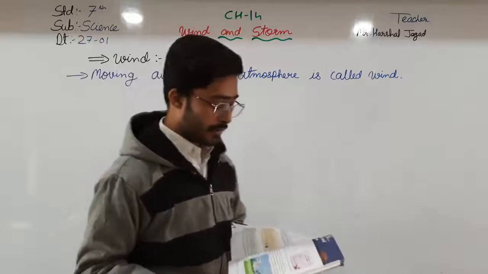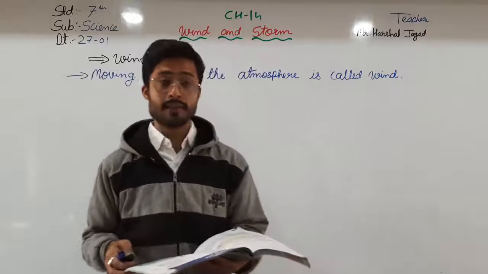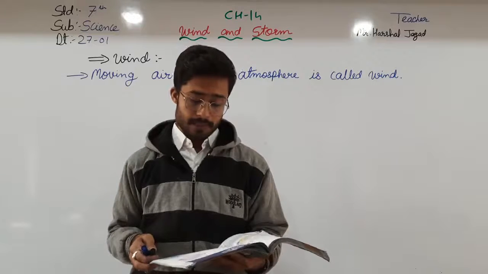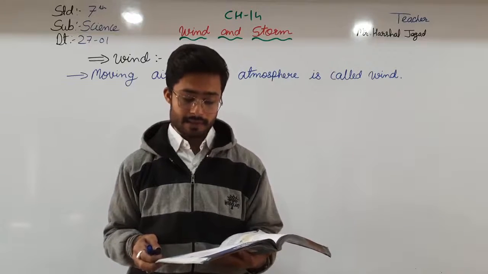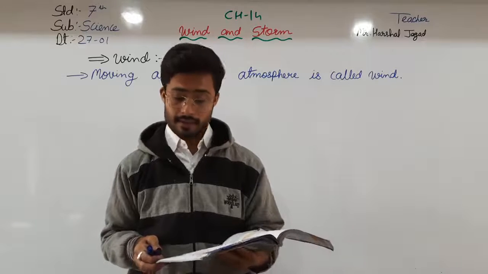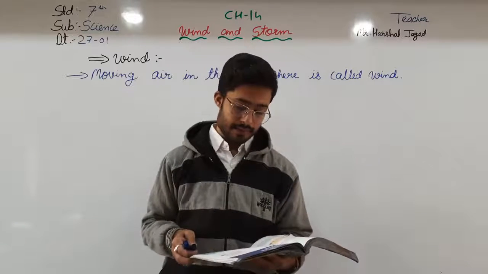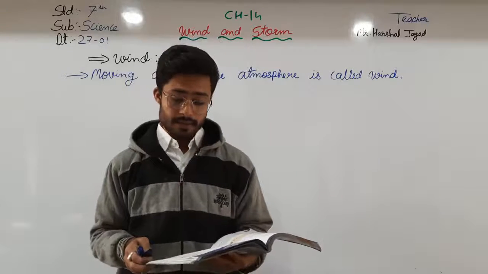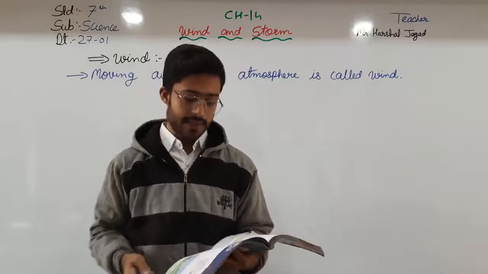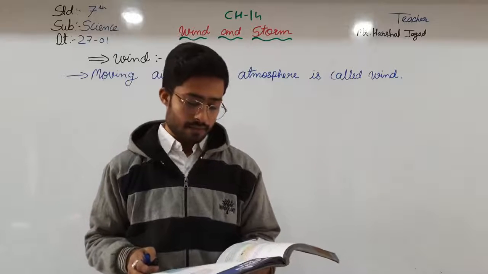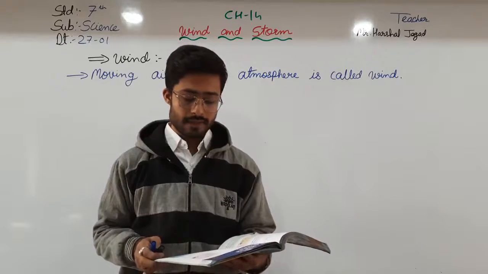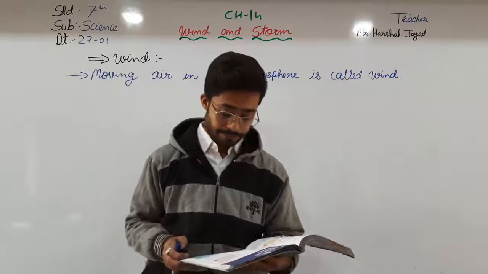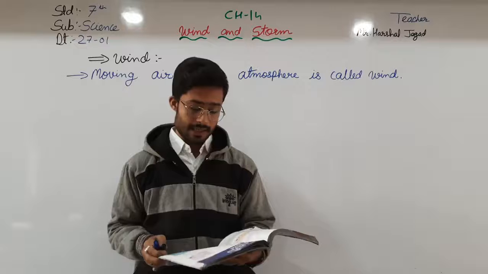It is caused because of the uneven heating of the earth by the sun. Let us see how. In your school playground, you must have noticed that some areas are warmer than other areas. For example, a cement surface will be hotter than a patch of grass. This is because certain areas absorb more heat than others. Therefore, the air above the surface will absorb different amounts of heat.